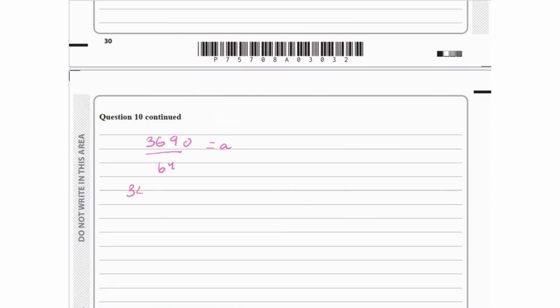So 3,470 equals 3,690 divided by b to the power of 4, times b to the power of 7. That's 3,470 divided by 3,690 equals b cubed.